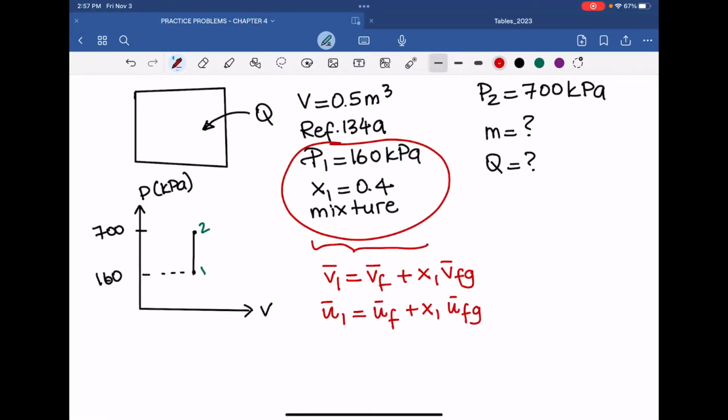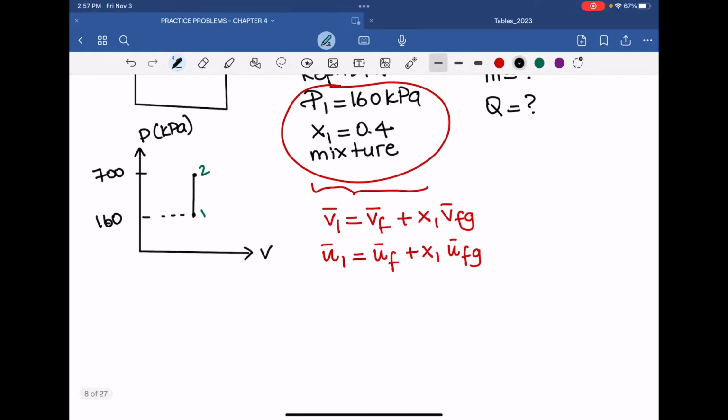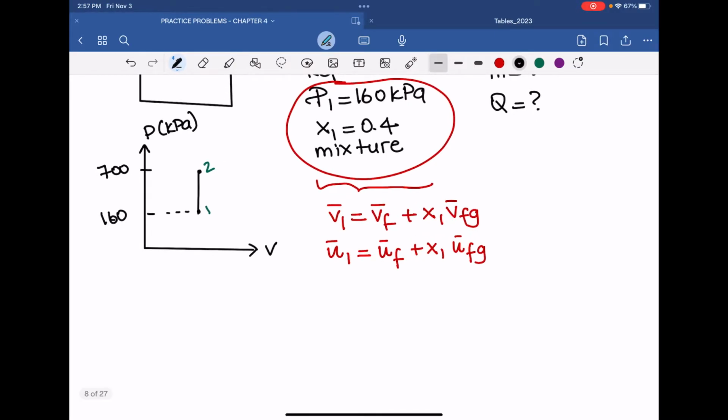And with the quality being 0.4, you should be able to calculate. I'm just going to give you the exact numbers, what is the value of V1 and U1. Just plugging in the numbers we just read from the table.